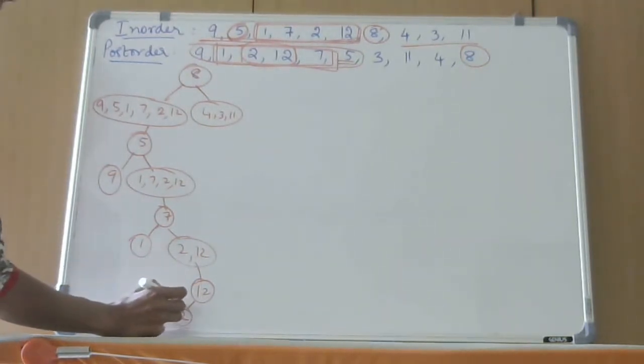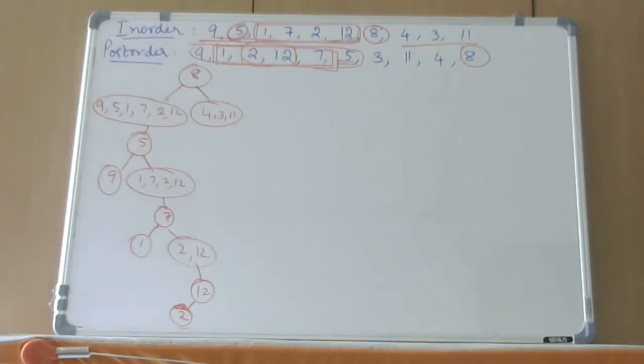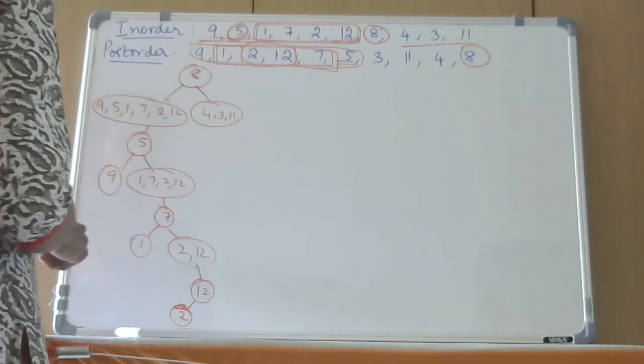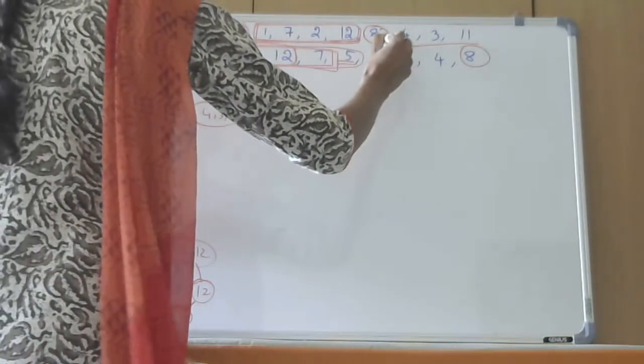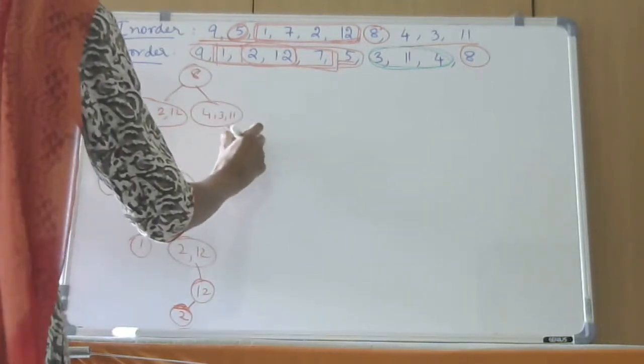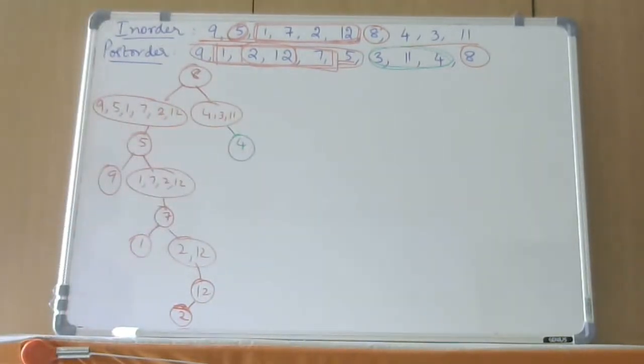Now we are done with the left subtree. Let's move to the right subtree. 4, 3, 11. If you look at that in the post order, 4, 3, 11, which is last? 4. So 4 will become the root.